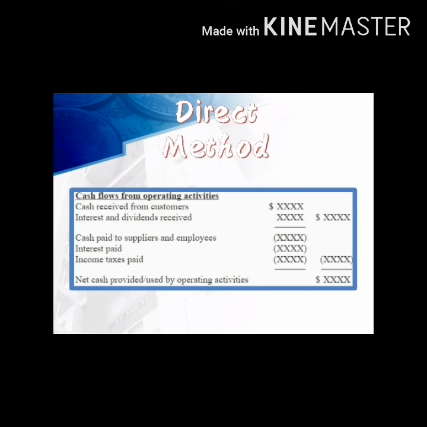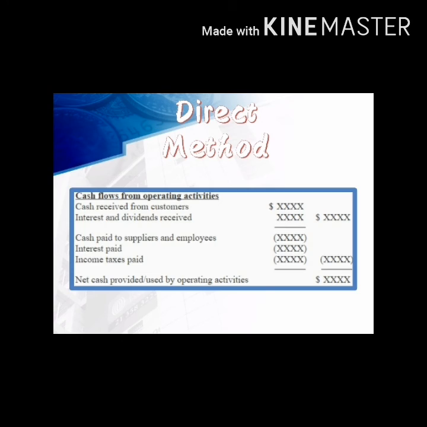So we have here the formula on cash flows from operating activities. The cash received from customers and the interest and dividends received are the inflows of the cash flows from operating activities, while the cash paid to suppliers and employees, interest paid, and income taxes paid are the outflows of the cash flow from operating activities.